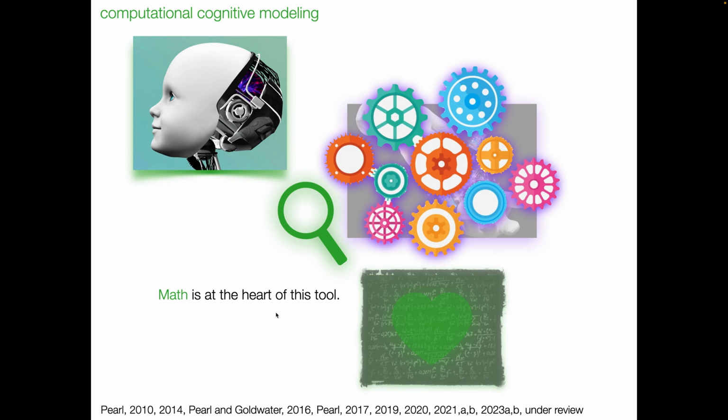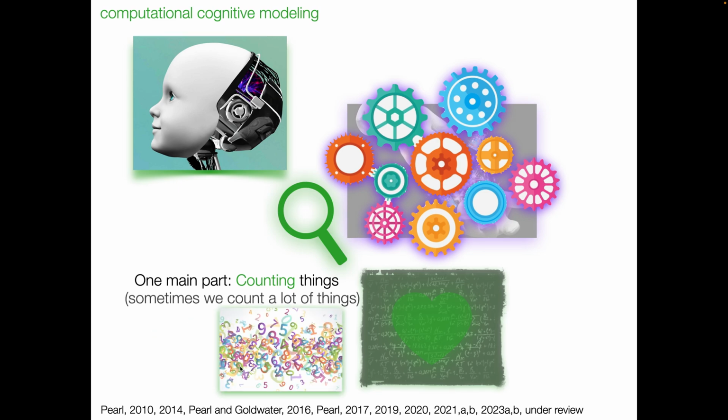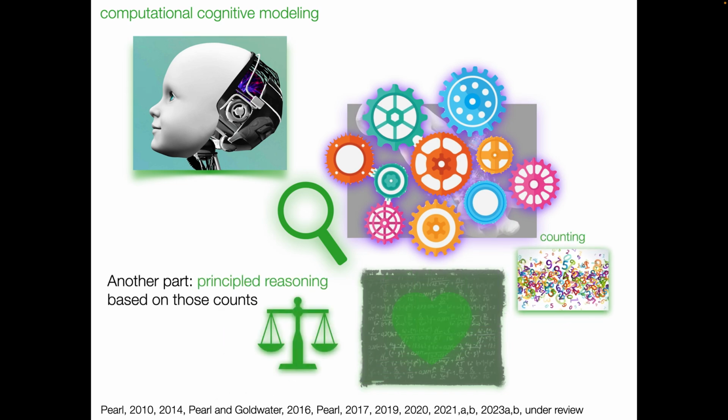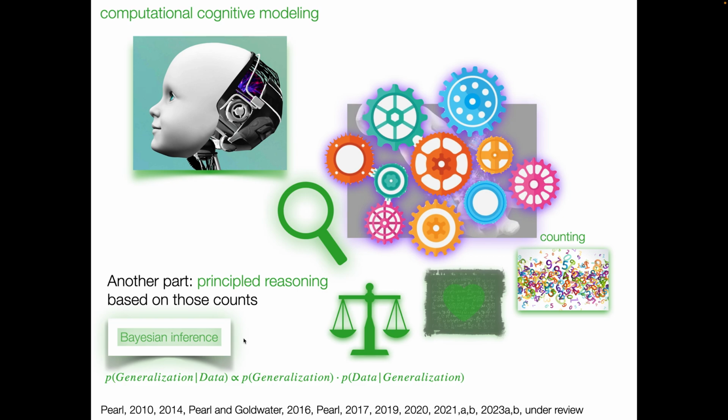Now, math is at the heart of this tool, right? One main part of this process is counting things. And sometimes we count a lot of things, right? The other important part is principled reasoning based on those counts. One example of a type of principled reasoning process that we think humans do, and children do, in fact, during language acquisition is something called Bayesian inference.